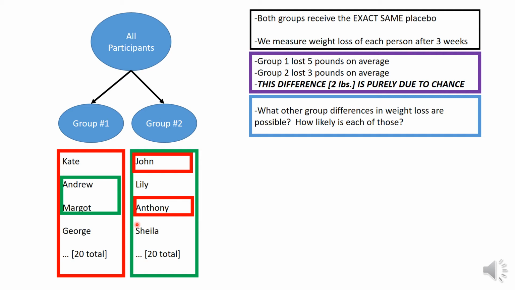It doesn't matter whether I consider John to be in group 1 or to be in group 2. He got treated the exact same either way. He received that same placebo pill, so it doesn't matter whether I consider him to be part of group 1 or to be part of group 2.